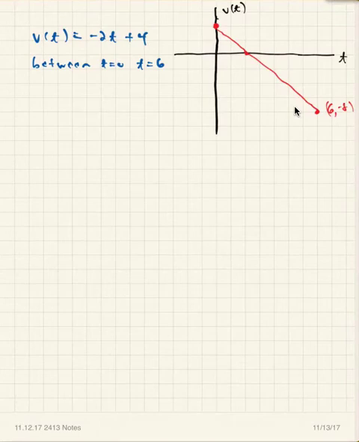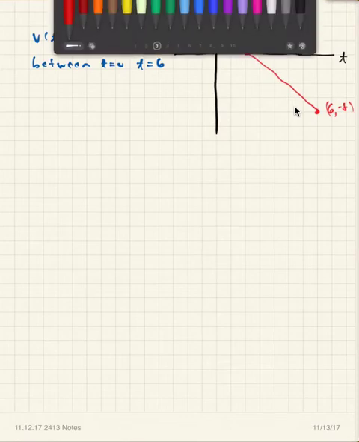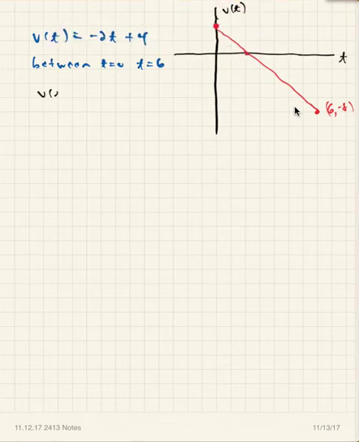So what have you got here? The velocity is greater than 0 between t equals 0 and t equals 2. That means the object's moving to the right.